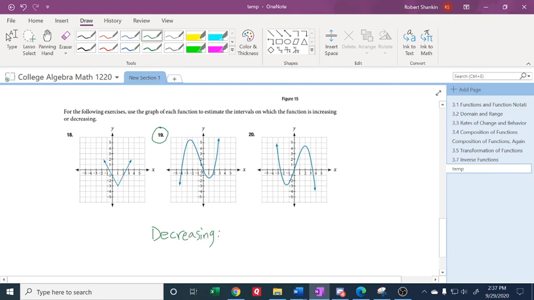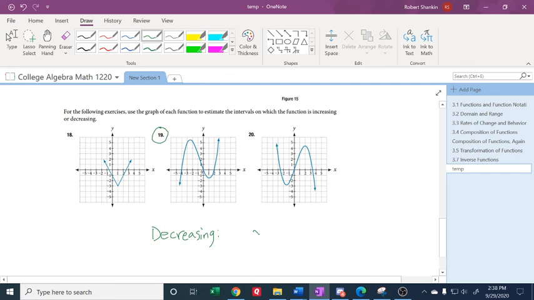It's decreased from negative 2.5 to, no, negative 2.5 to positive 1.